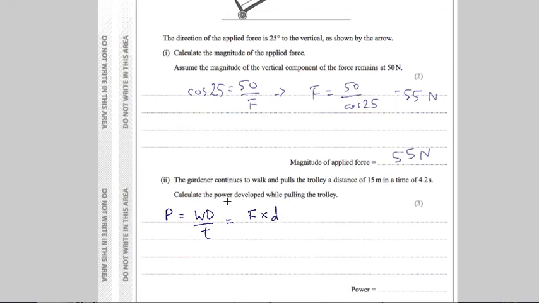Now, the distance is in a horizontal sense, so in the direction of the force means we're only interested in the horizontal force. So let's be explicit. We're dealing with FH. Everything else we know. The distance is 15 meters. The time is 4.2 seconds.